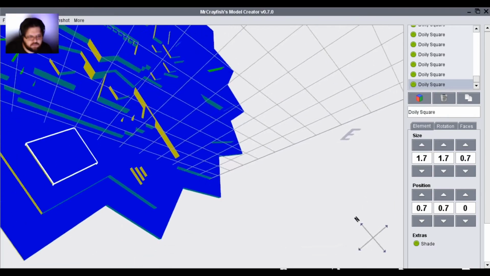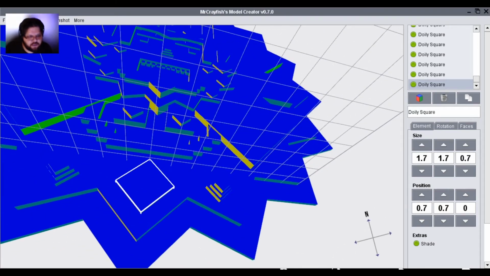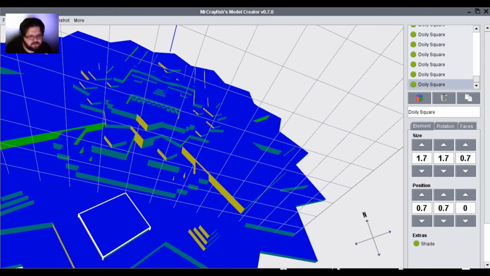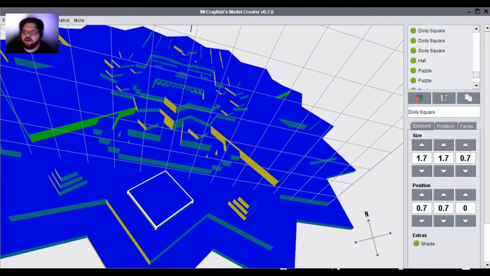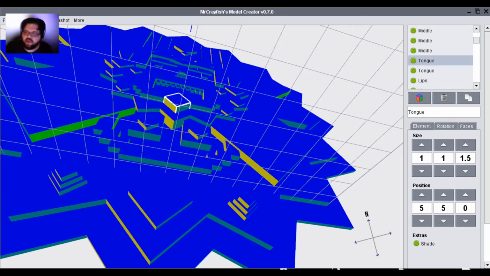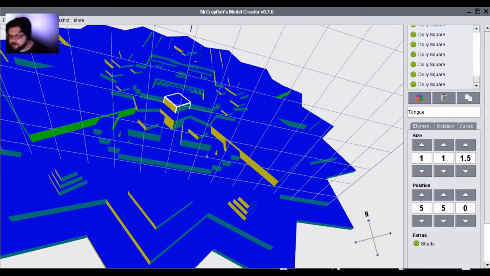Interesting, interesting. How far out does that tongue go? That tongue goes out to 1.5. So 1.5 is my definite limit.